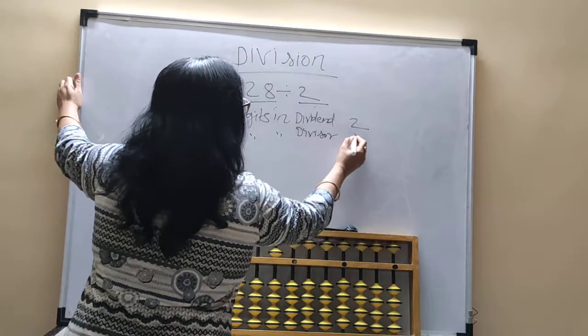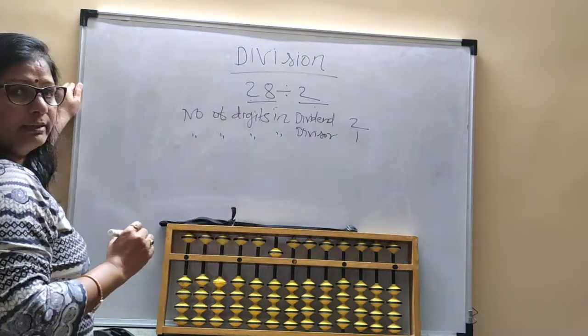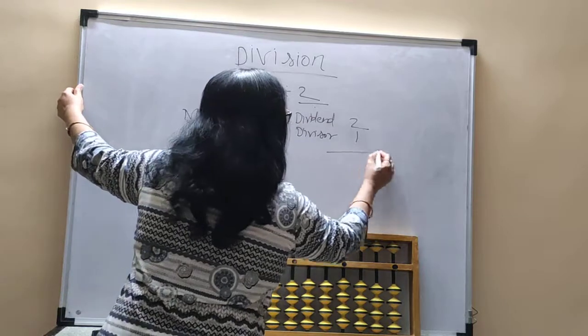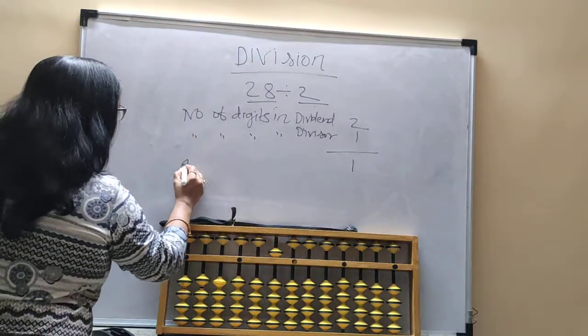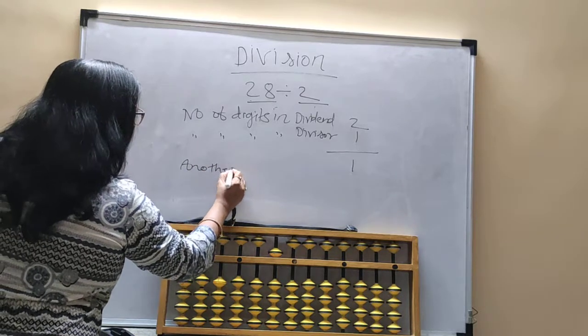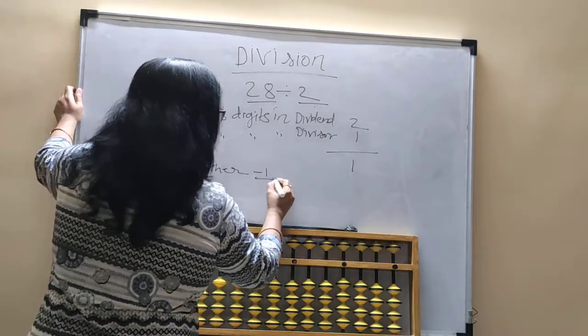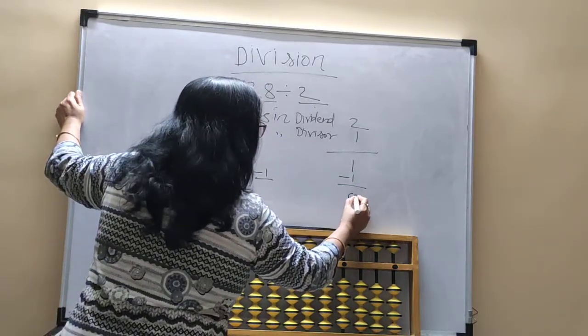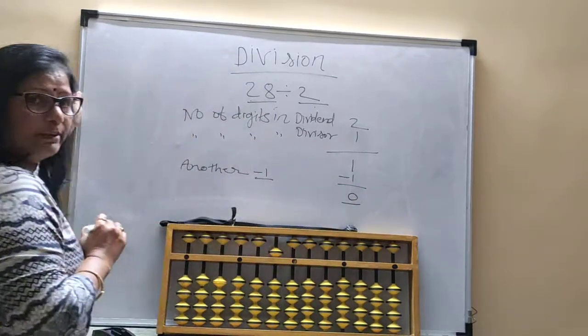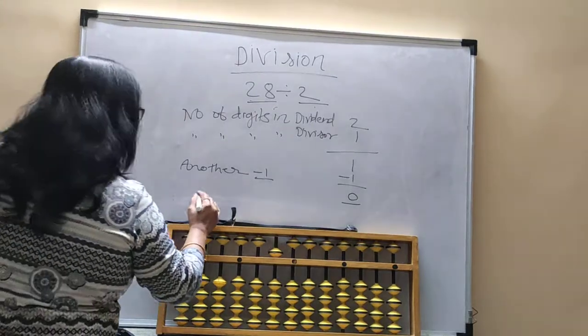It's 1. Then we have to subtract, 2 minus 1, 1. And there is another rule, we have to subtract another 1. So 1 minus 1, 0. The answer is 0.